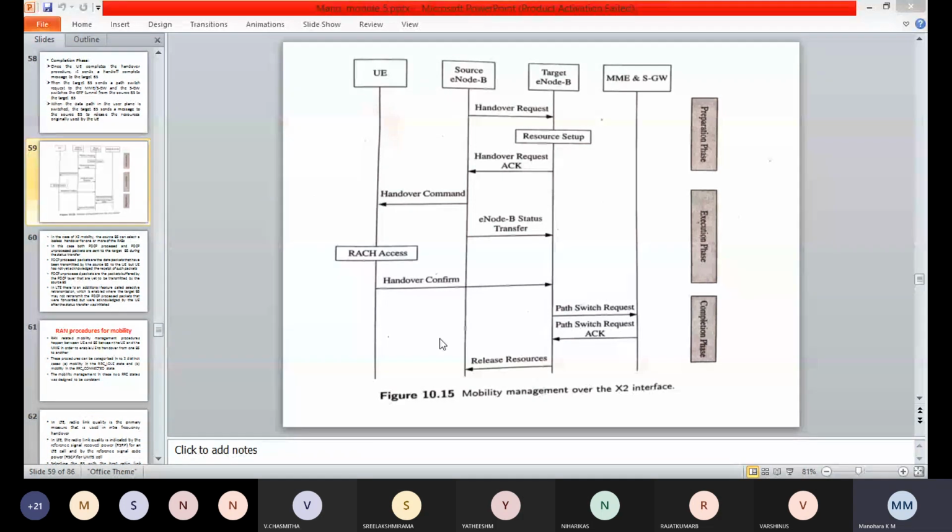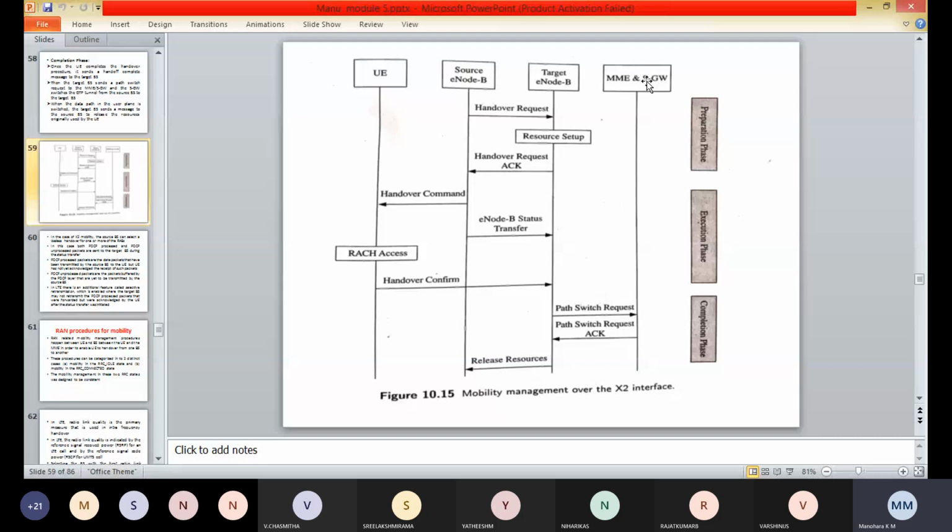The target E node B, upon receipt of this message, will work with the MME and the serving gateway to set up the resources for the user equipment.